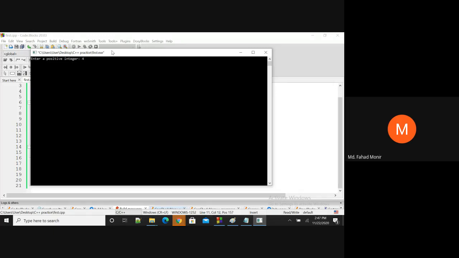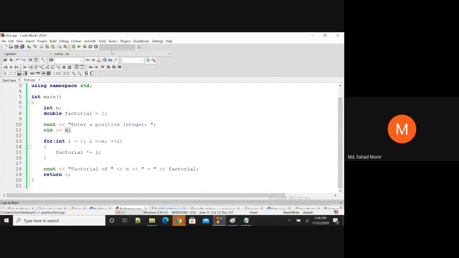So enter a positive integer, for example 4, so the factorial of 4 will be 24. That's how it works.